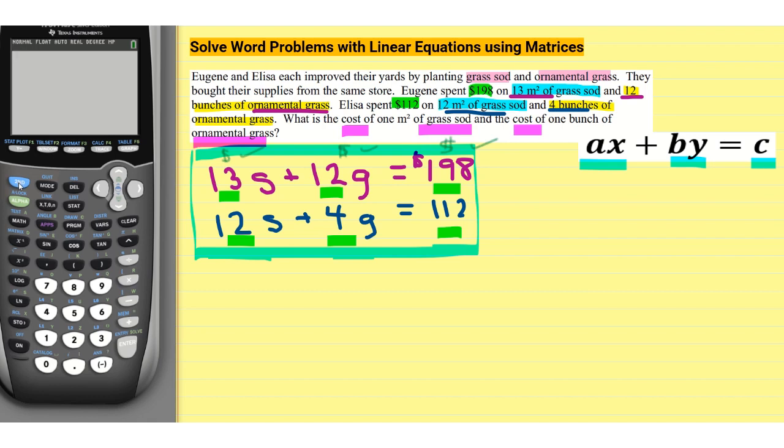Now I'm going to go back into the matrix function, second matrix again, but now I want to find the calculation function. So I want to right arrow over to math. I'm going to go down this list until I find RREF. There it is, RREF. That's the function I want to choose. Now I'm going to tell it that I want it to find the matrix where I just entered my information.